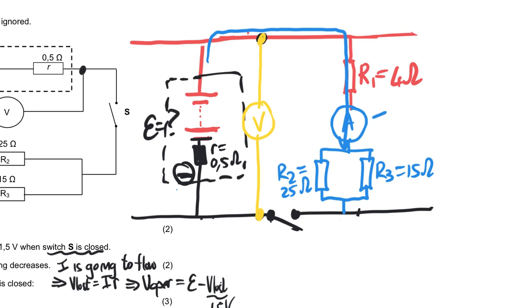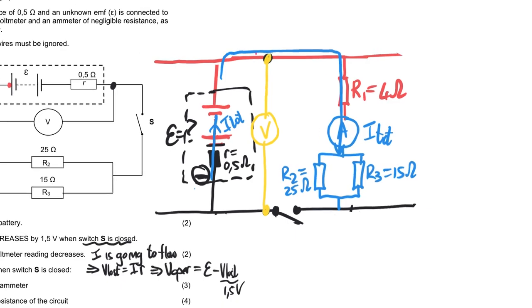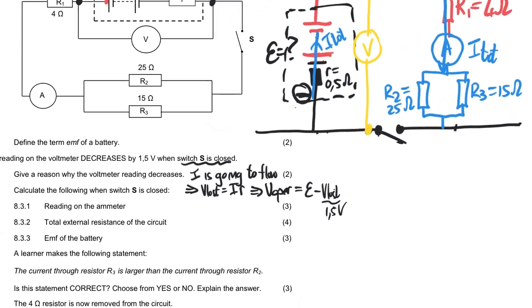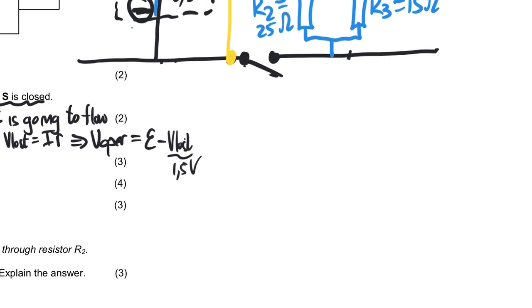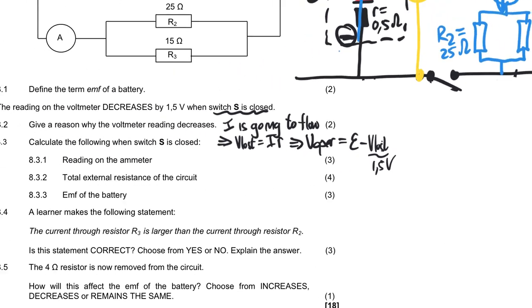So this ammeter is going to measure the total current. But the total current also flows through the battery. It always does. But we have the lost volts, so we can work out the total current by working with what we're given.